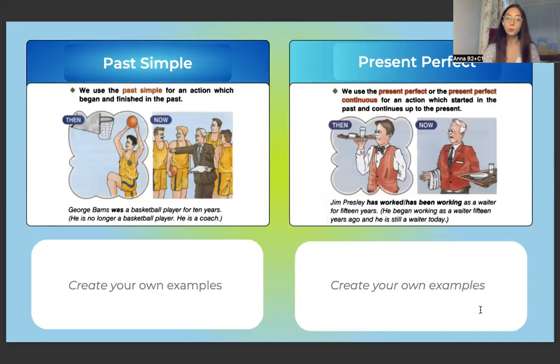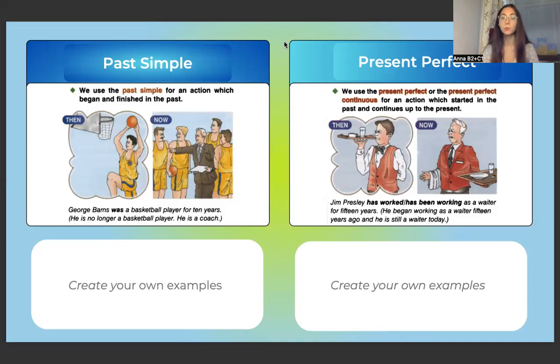We also use past simple for an action which began and finished in the past. For example, George Barnes was a basketball player for 10 years. He is no longer a basketball player, he is a coach.